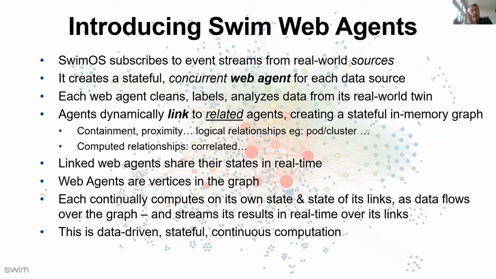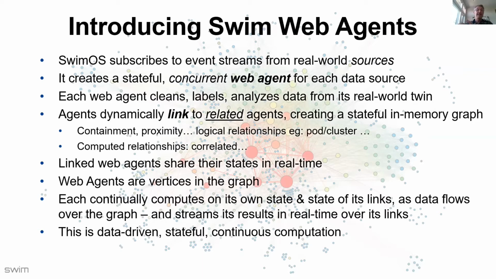Each of these web agents cleans, labels, and analyzes data from a single real-world data source. And it can do cool things like David mentioned, sketches and other things. But it's going to statefully evolve. It's an in-memory thing, and it modifies its own state. Now, here's the cool piece.